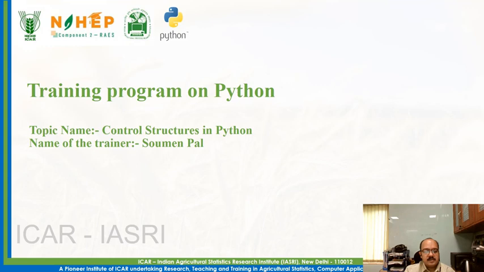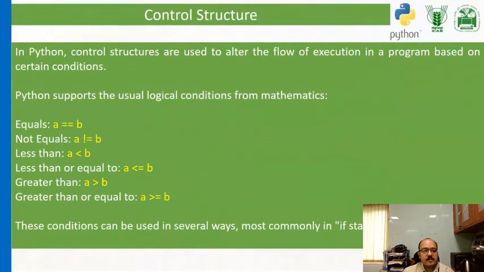In today's lecture, we will be covering control structures in Python. In Python, control structures are used to alter the flow of execution in a program based on certain conditions.